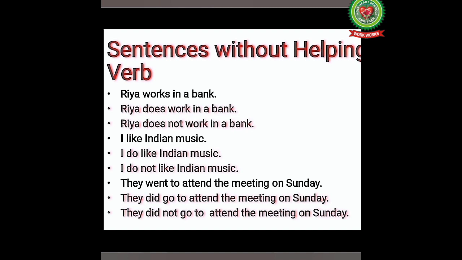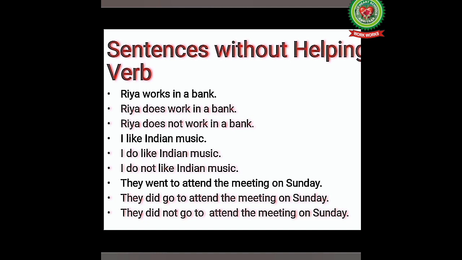Here at first we have to identify action word, and here our action word is works, and it is in simple present tense. If the action word is in simple present tense, we use do or does. Does is used with singular and do is used with plural.